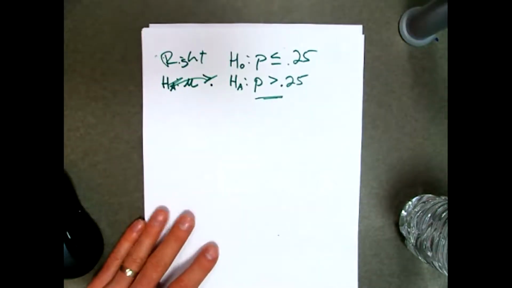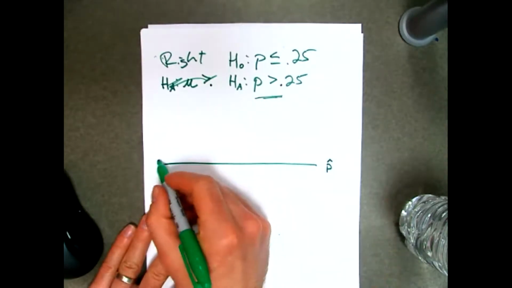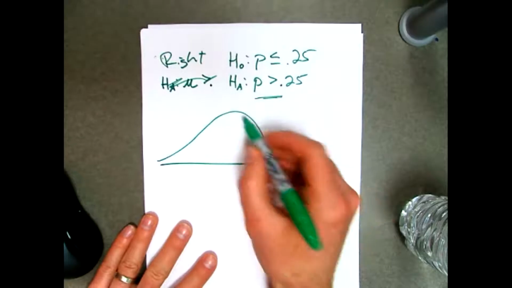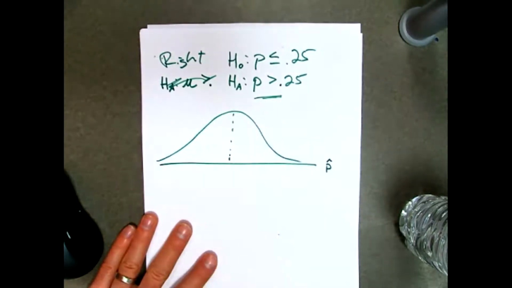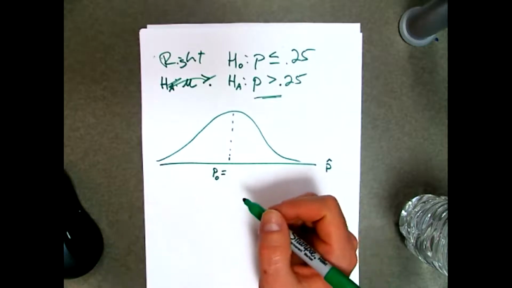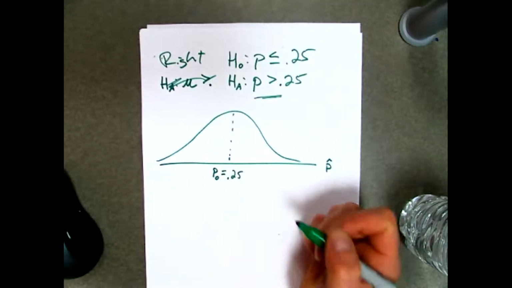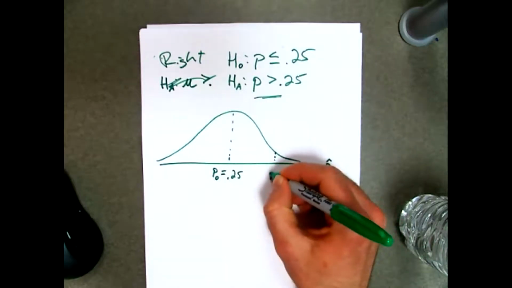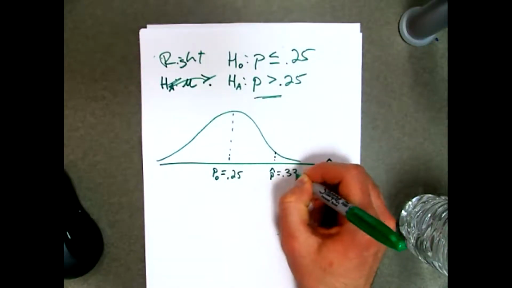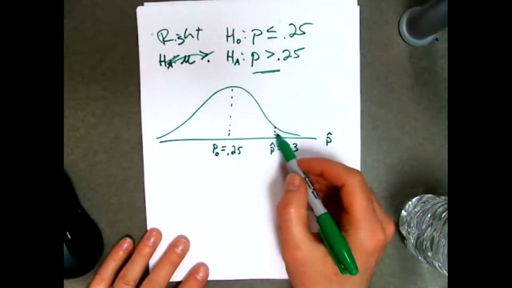Okay. So if we think about that distribution of sample proportions, it should be centered around whatever the true proportion is, although I don't have the true population proportion, but I have an assumed true population proportion of 0.25. I found a sample proportion of about 0.33. I forget exactly what it is in Excel, but it's about 0.33.